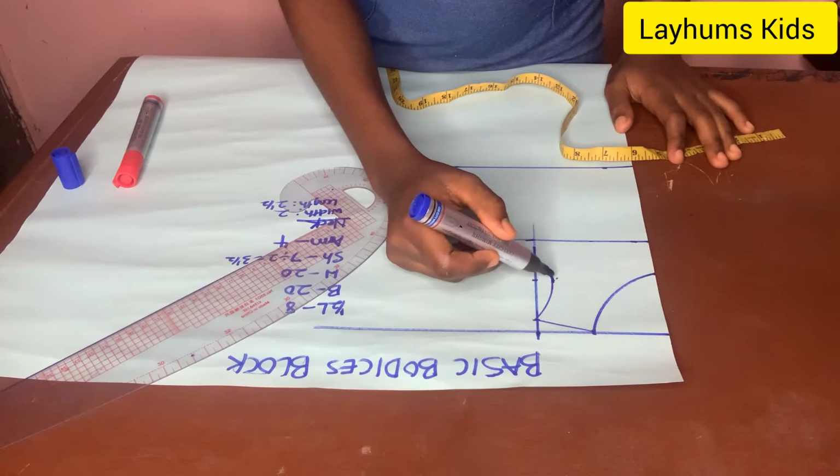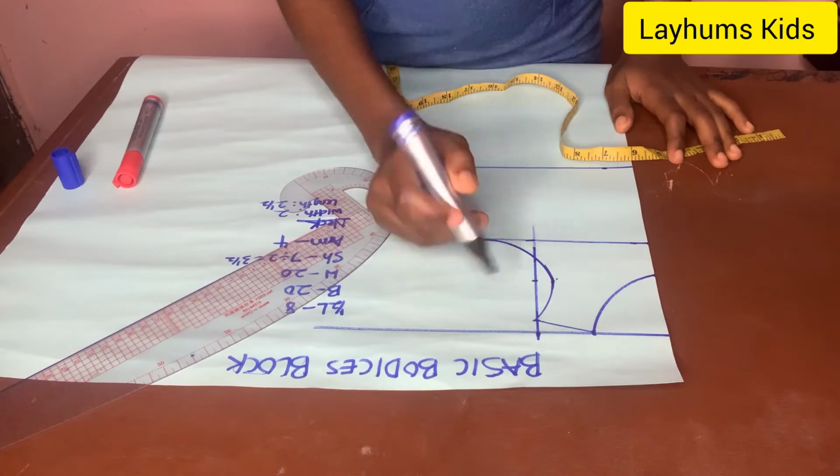And this is meant to be curved. It should not be any pointy part. It's meant to be curved.